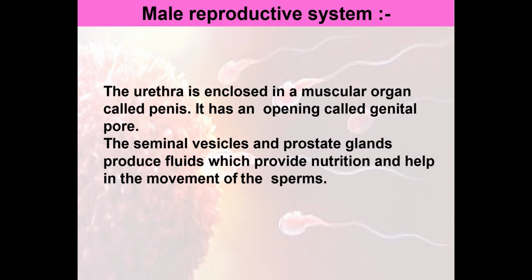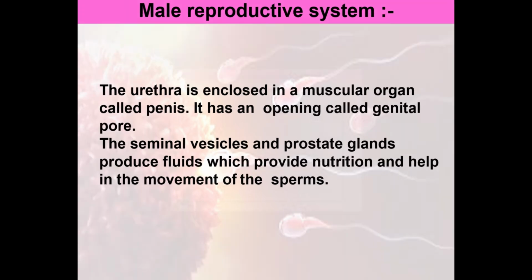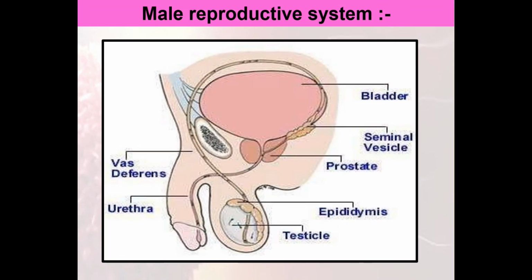In this figure, you can study the structure. This is the scrotum pouch. In this scrotum pouch, these are testes. From these testes, these vas deferens or the sperm ducts arise.